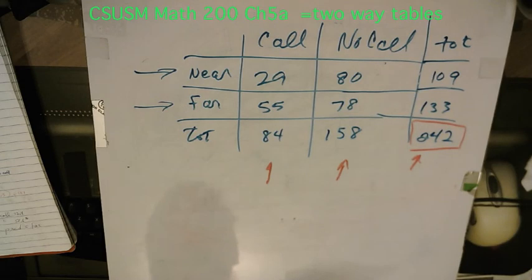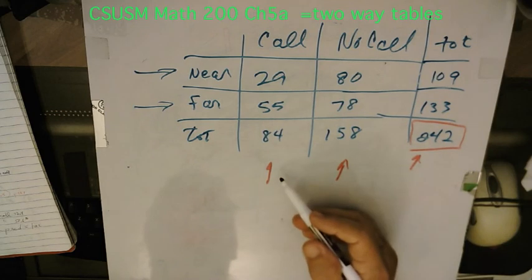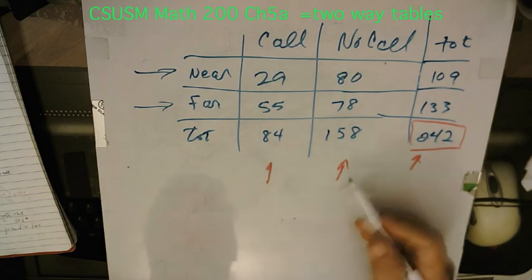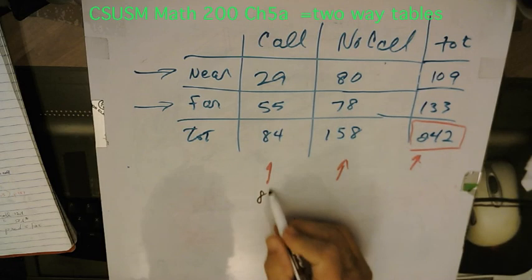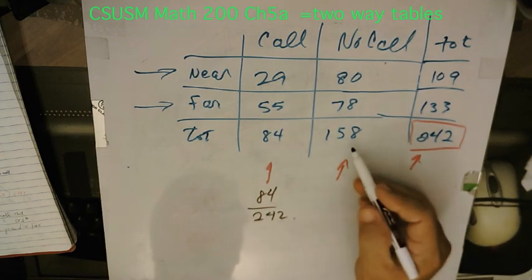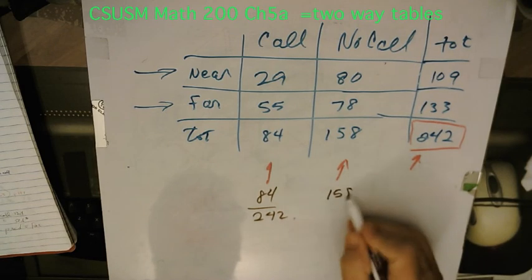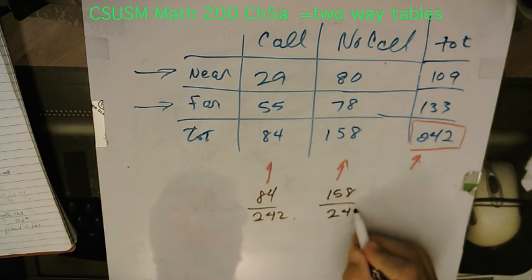If they had said that a little differently, I might have said, okay, the marginal distribution of a prairie dog call. So we would have had 84 out of 242, and if we took the marginal distribution of no calls, that would be 158 out of 242.